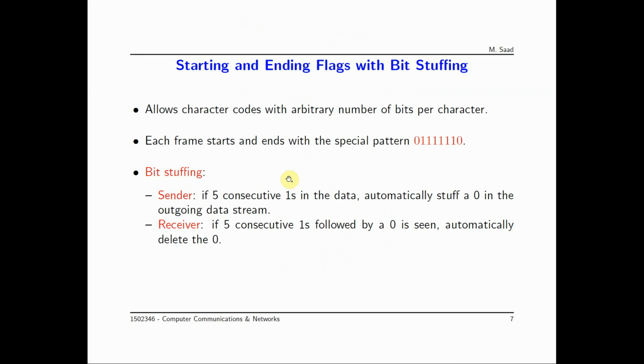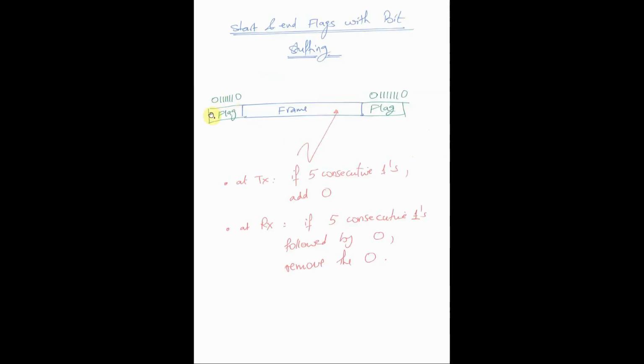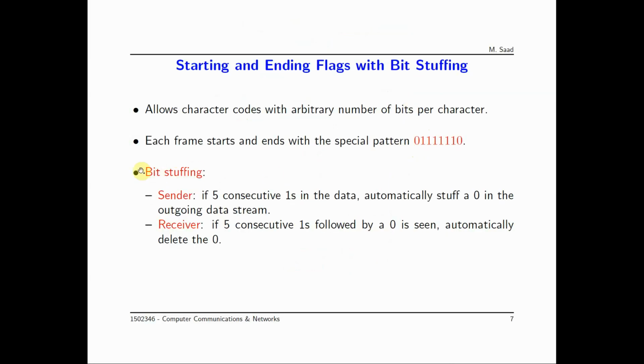Here in this slide, we just tell you that start and end flags with bit stuffing is a technique that has a flag, and that flag consists of 8 bits, 0 followed by 6 ones followed by 0. We always add this flag at the beginning and end of the frame so that we mark the beginning and the end. However, bit stuffing works as follows.